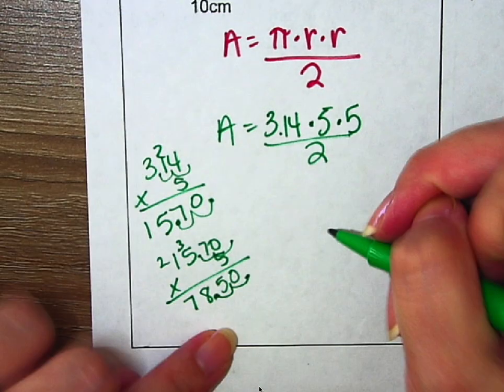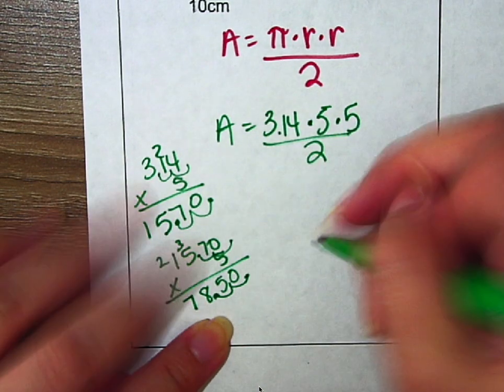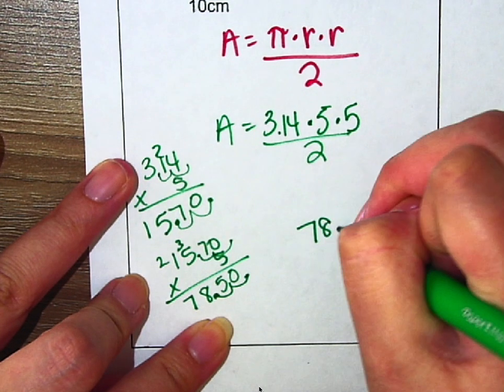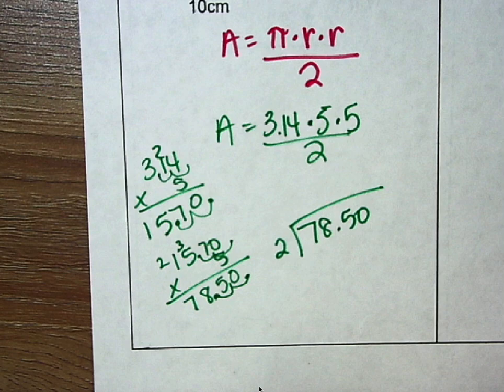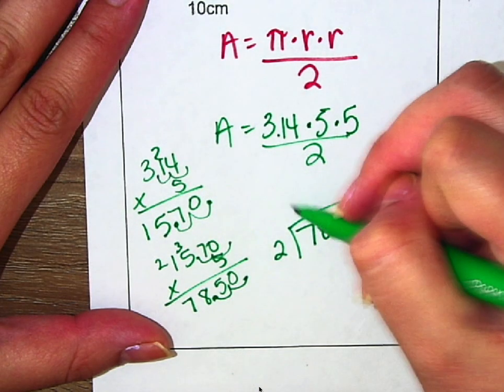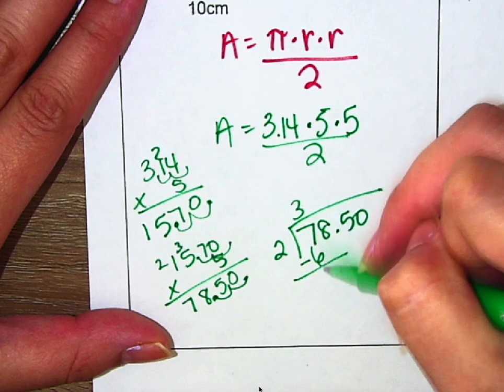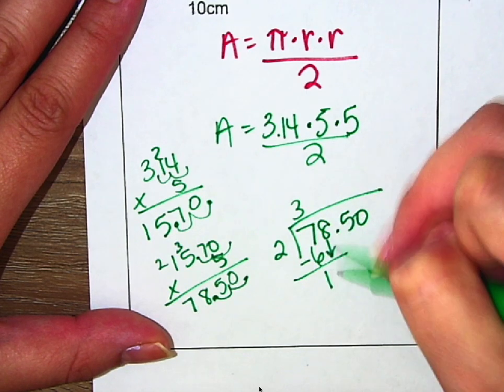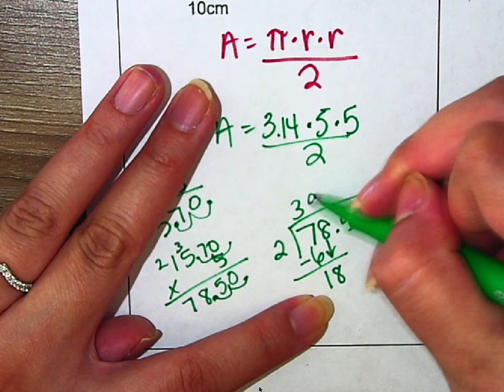So I'm still not finished. All I did was the top part. Now I need to divide by 2. So 78.50 divided by 2. 2 goes into 7 3 times. 2 times 3 is 6. I'm going to subtract. 7 minus 6 is 1. Bring down the 8. 2 goes into 18 9 times.